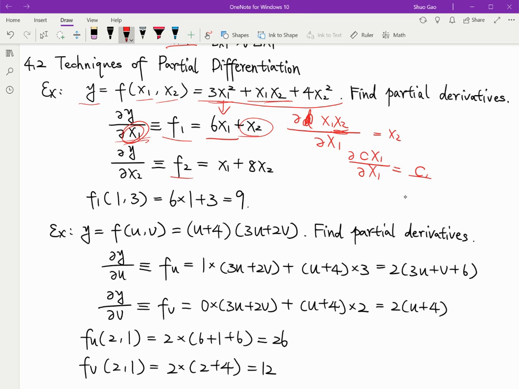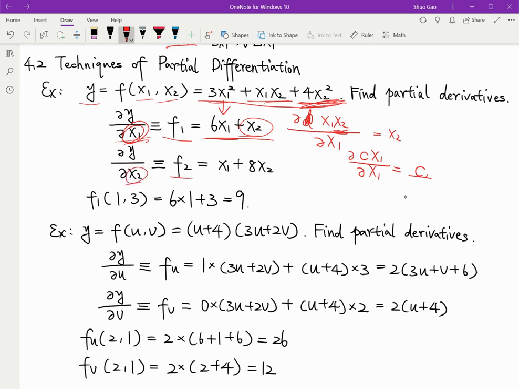And so 4 times x2 squared, because x2 is a constant, the derivative of that with respect to x1 will be just 0, right? Because it's just a constant. If you take the derivative of a constant, it will always be 0. So this is just the partial derivative with respect to x1.